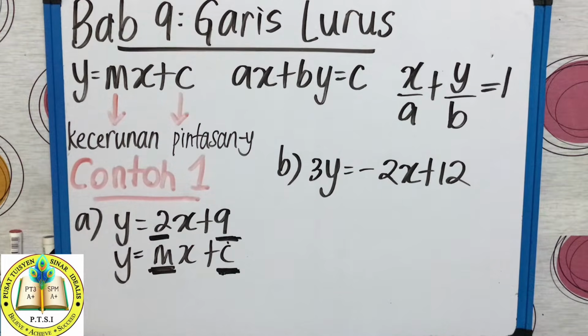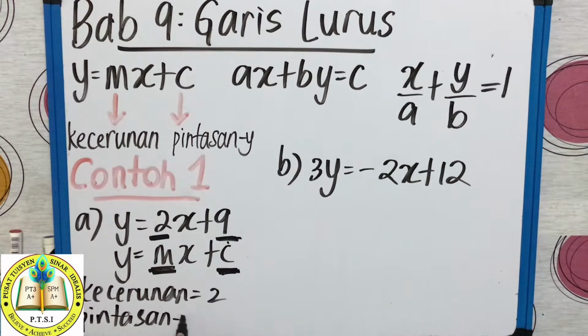So now they ask kecerunan and pintasan Y, right? So the kecerunan sama dengan 2. M is equal to 2. Okay, lagi satu mereka minta pintasan Y sama dengan C. The C is equal to 9.